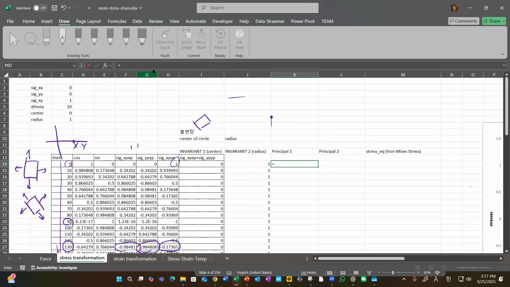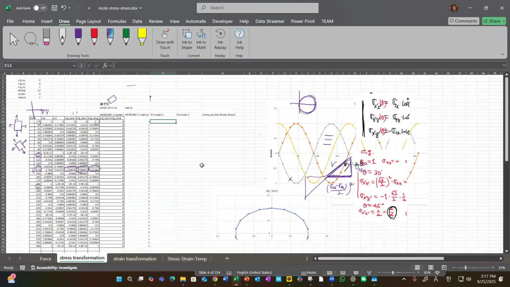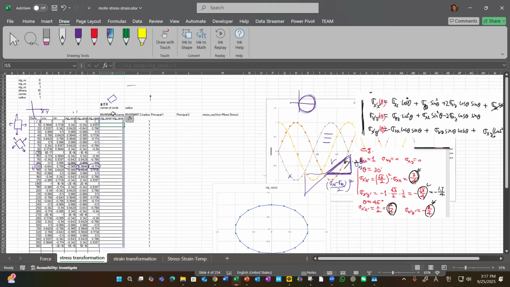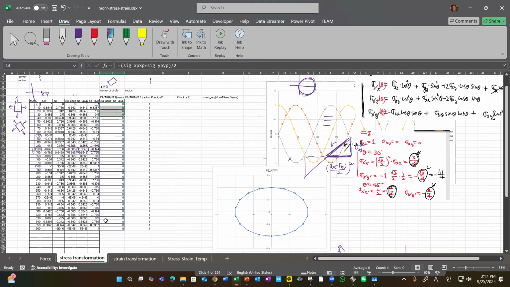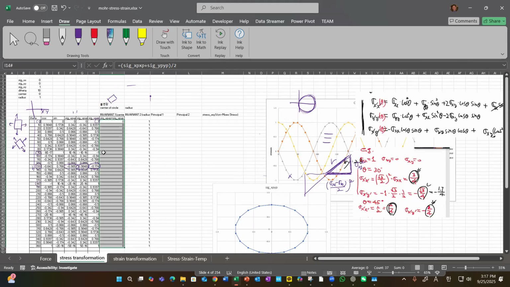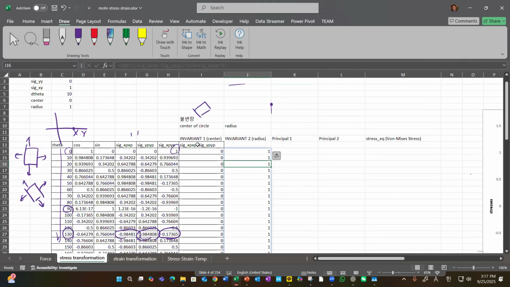Simply... 잠깐만요. 우리가 이거 이름을 줬던가? 이름을 주지 않으면 안 되니까 우리가 이거를 이름을 줘봅시다.